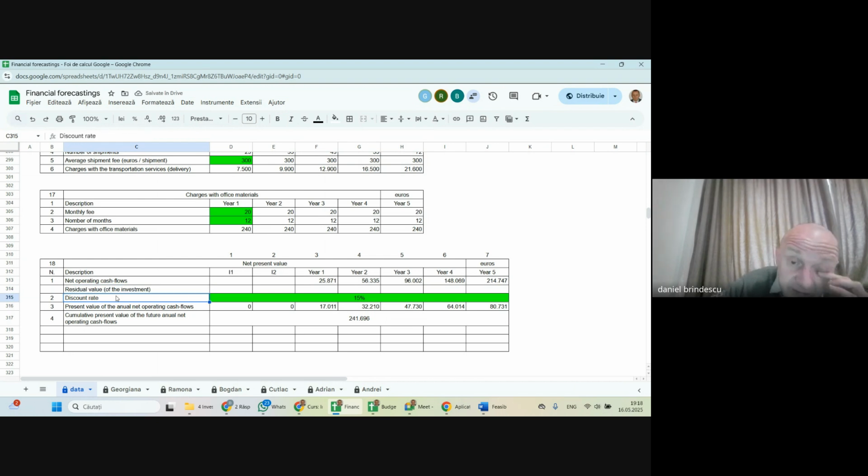By residual value of the investment, I mean the value of the infrastructure at the end of the forecasting period, or at the end of the explicit forecasting period.